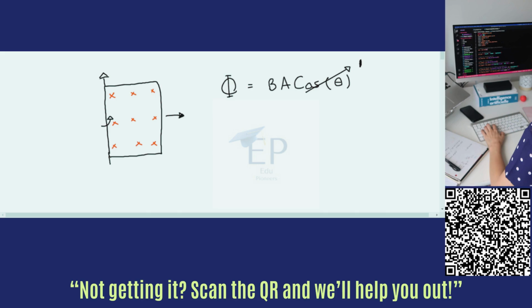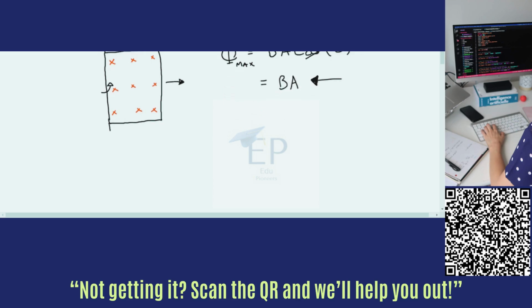So our flux maximum is just B times A. Which makes sense, right? Because this is just the equation for flux when we have a constant field and our area is completely perpendicular to the magnetic field, just B times A.